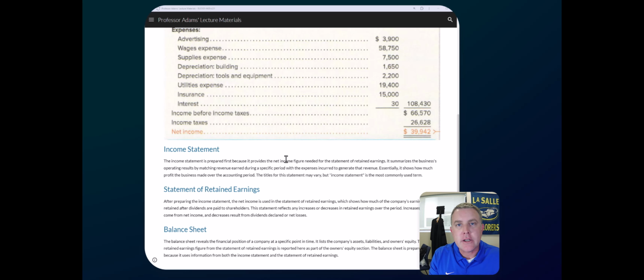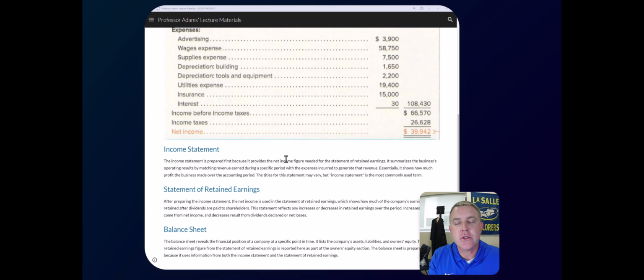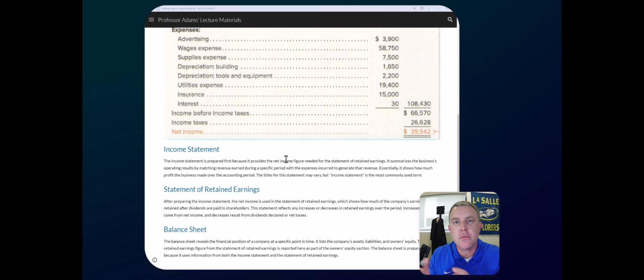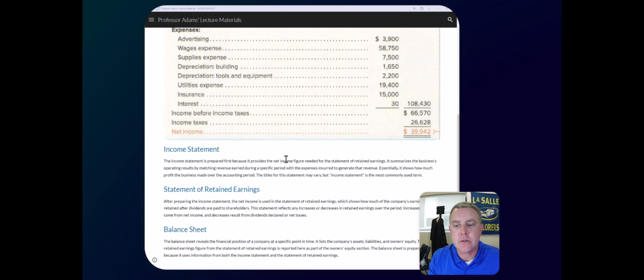So retained earnings represents net income that we've made but have not yet given back to the shareholders. Each period we have to explain how retained earnings changed from last year to the current year. So the idea of this statement of retained earnings is simply to explain how our retained earnings balance, which is a shareholders' equity account, has changed.